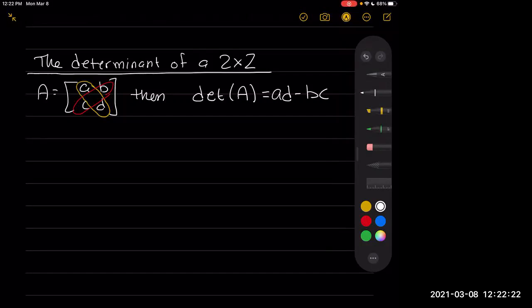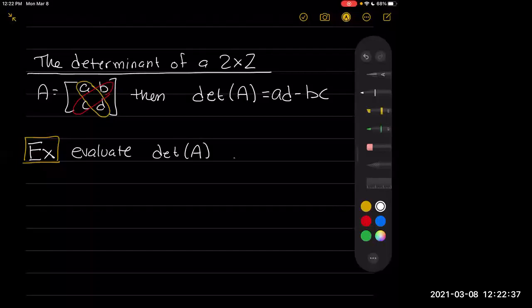All right, now we're going to do an example. We're going to evaluate det of A for A equals [6, -3; 2, 3].